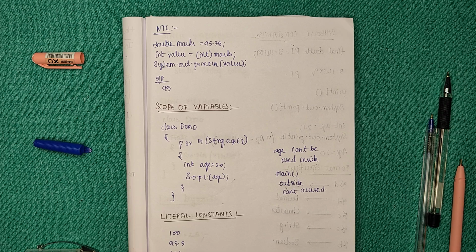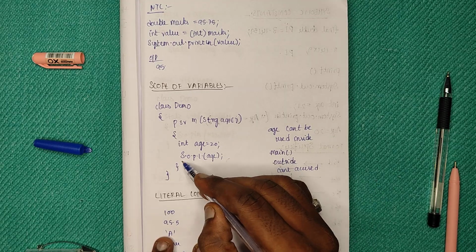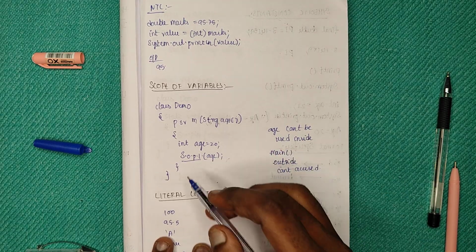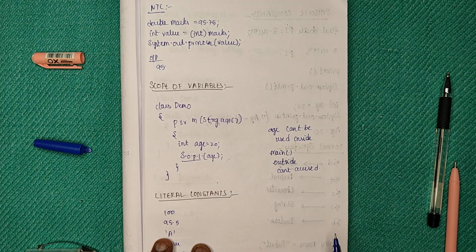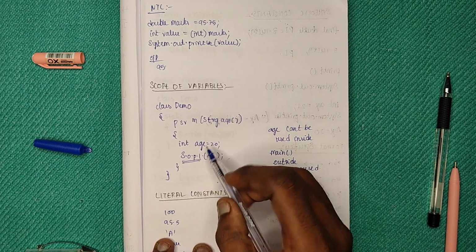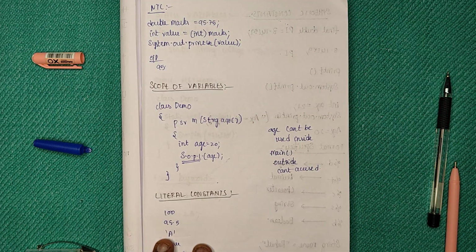Now I'm going to explain the scope of variables. Scope means the region where a variable can be accessed. I have written a simple program here. Do not confuse, this is System.out.println. I used to write it on the board as SOPL, so that students know what it is.